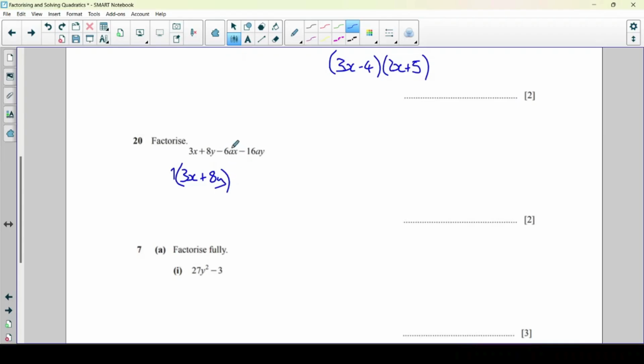And out of these 2 I can take minus 2a out, and then I get 3x plus 8y. So it did work. So 1 minus 2a, 3x plus 8y.